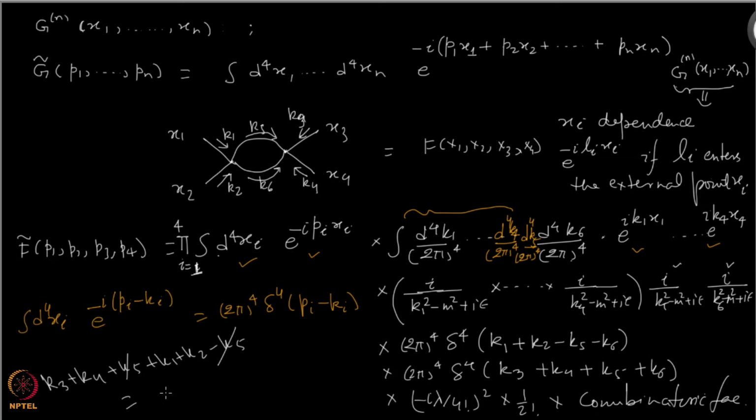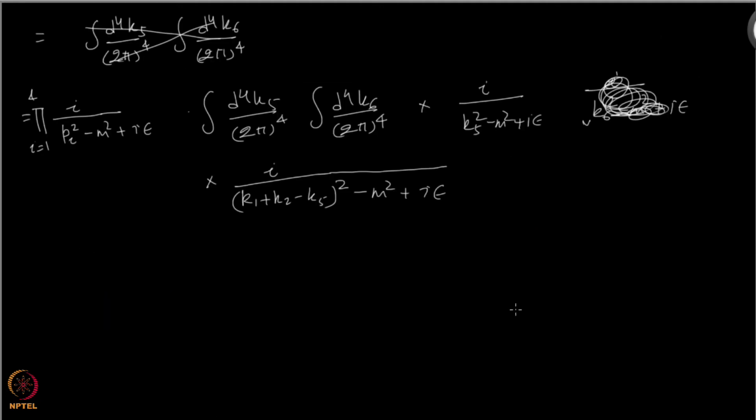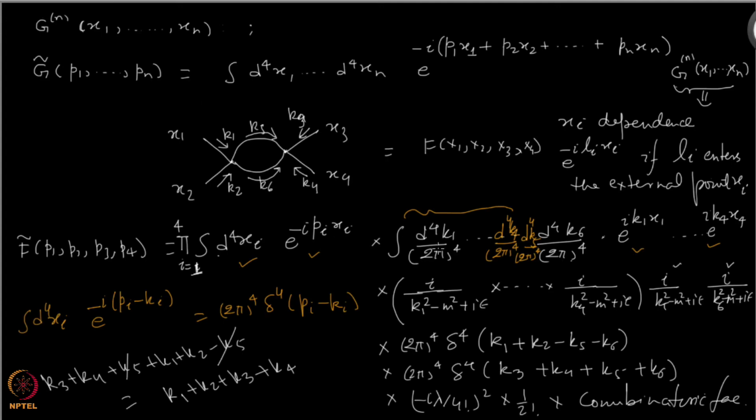There is something going wrong. And what is going wrong? Yes, I know. I have made a slight mistake. What I forgot is that when I did the integral over k1 up to k4, these delta functions, their arguments will also change, right?